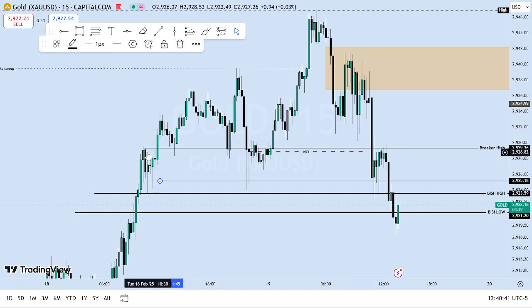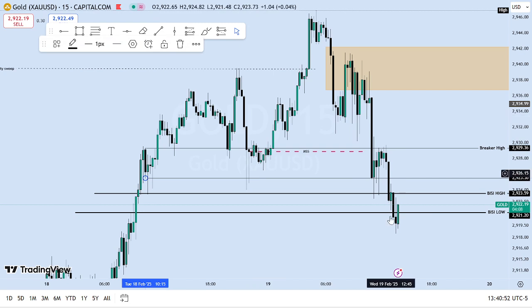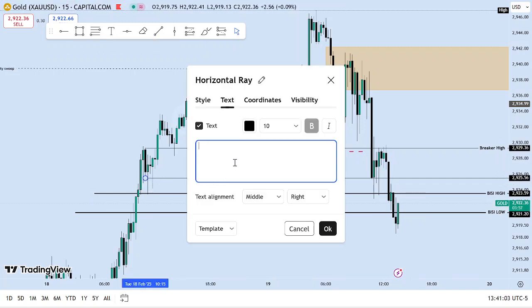You include the whole candle, both the wick and the body, as the breaker. It's a bearish breaker, because the market is selling. If it's bullish, that's up. This is a bearish breaker, and the breaker low is at that wick.